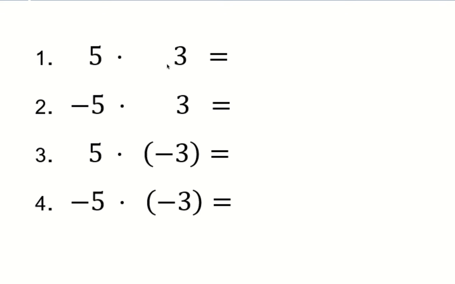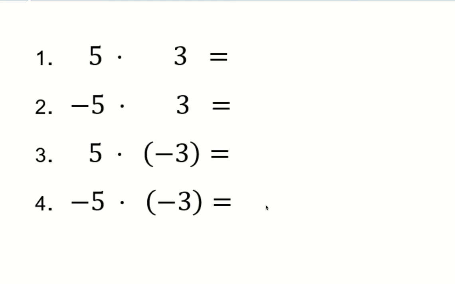And when the signs are the same, your answer is going to be positive. So this is obviously going to be positive 15, but so is this. Negative 5 times a negative 3 is also positive 15. Signs are different, your answer is negative. Signs are the same, your answer is positive.